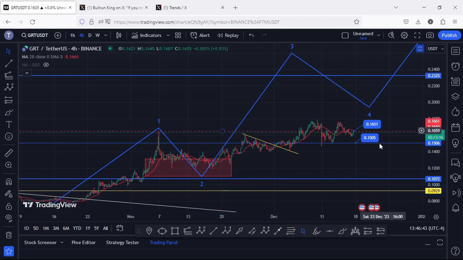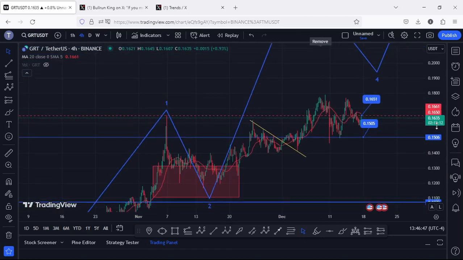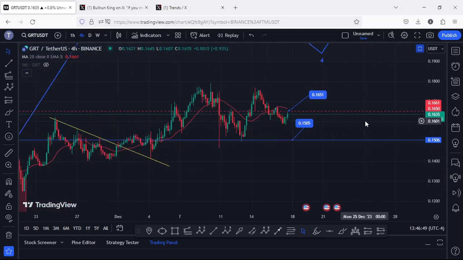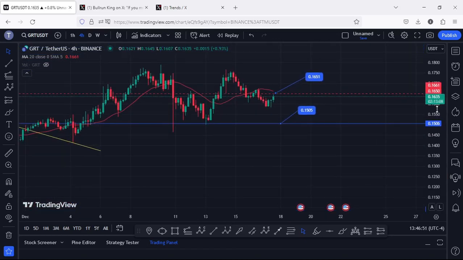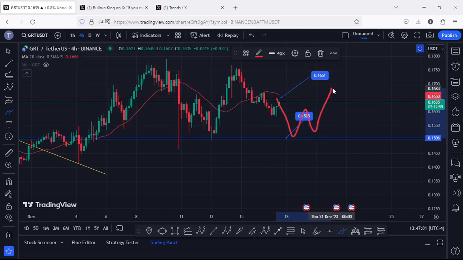We also need to have in mind that there are chances that we can get rejected at resistance, and in case such a movement plays out, then watch out for a pullback to support at the $0.1505 mark. As long as this continues to hold, we can expect another bounce back.